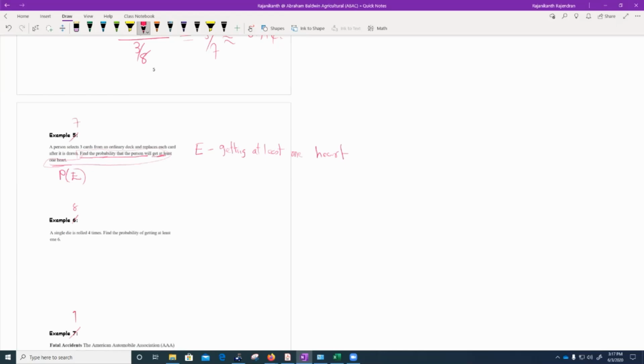If my event E is getting at least one heart, remember he has to take 3 cards in a row, then what is my complement event E bar? Remember, E bar is the negation of your event E, the negation of the given statement. The given statement is getting at least one heart. So what is the negation of at least one?